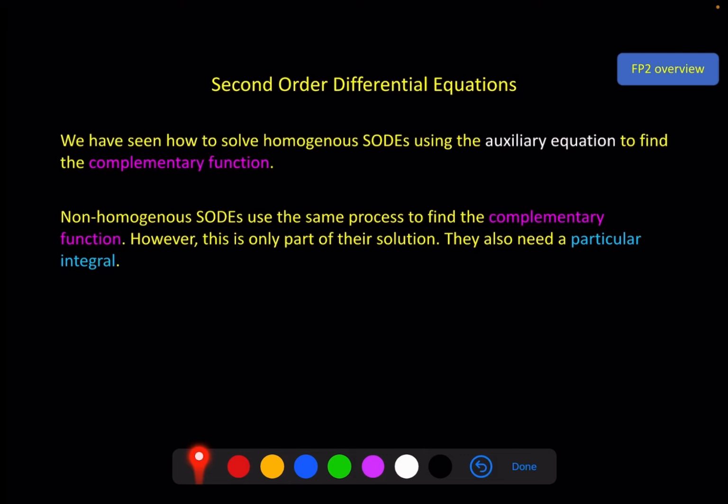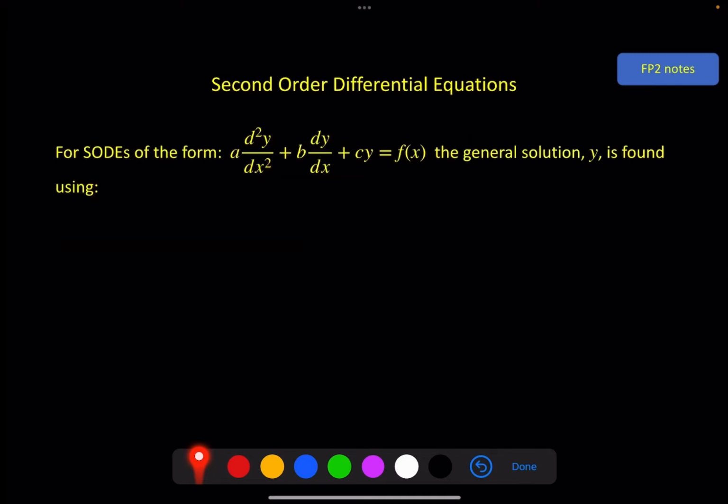We need a second part of the solution, which is called the particular integral. So for equations of this form, with some function of x on the right hand side, the general solution is the complementary function, which we did in the previous video, solving the homogeneous version of this, plus a particular integral. That's what we're going to focus on in this video.